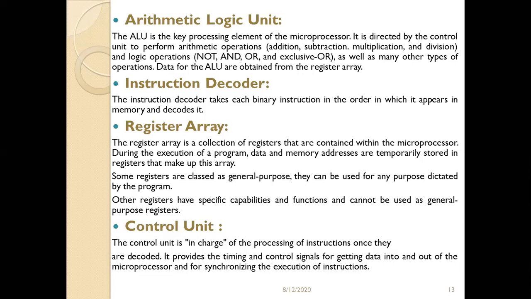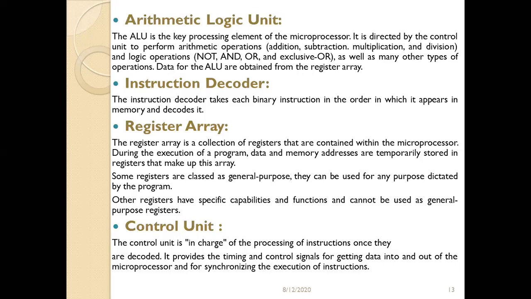Now, what is register array? The register array is a collection of registers that are contained within the processor. During the execution of program, data and memory addresses are temporarily stored in the registers that make up this array.